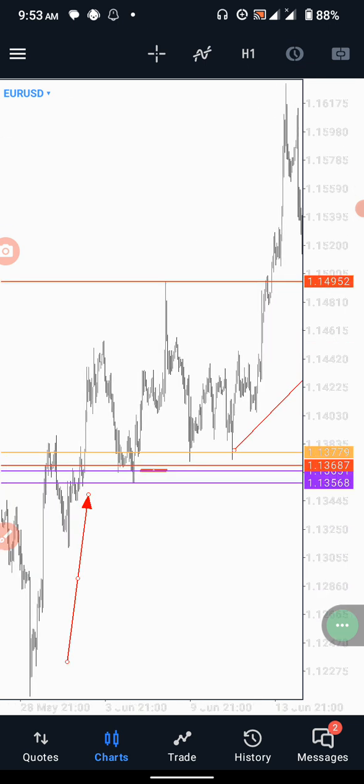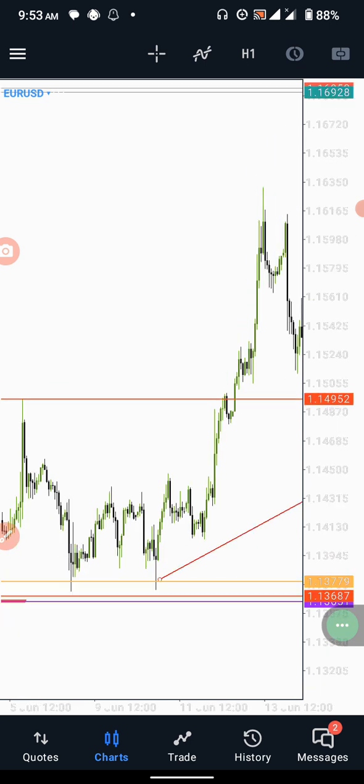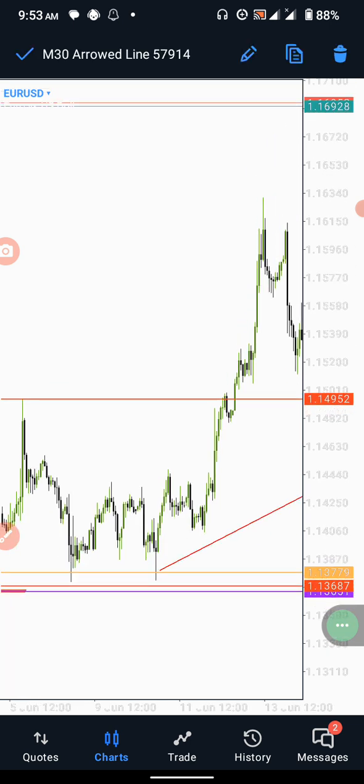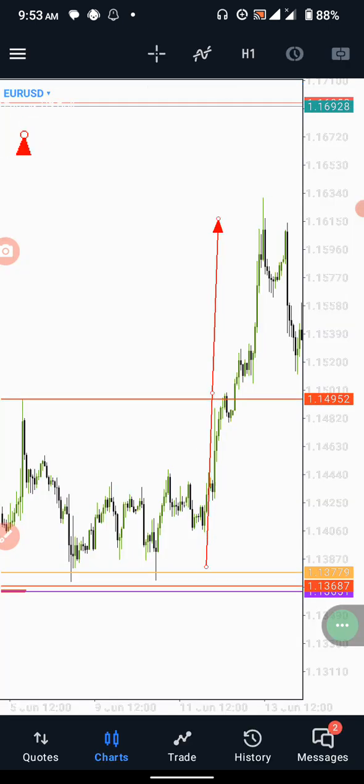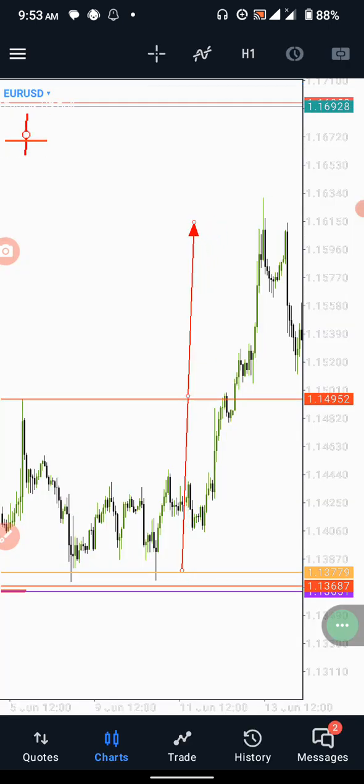This was the extreme low where we could have had the nice stop loss, but I never used that one. I used that purple one, and we bought from that yellow line.